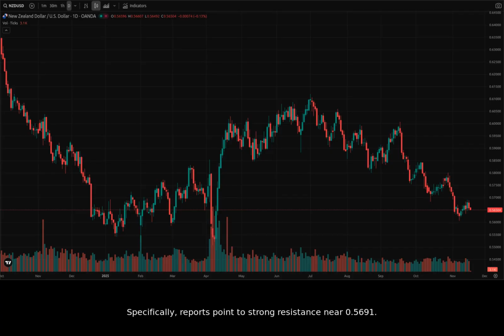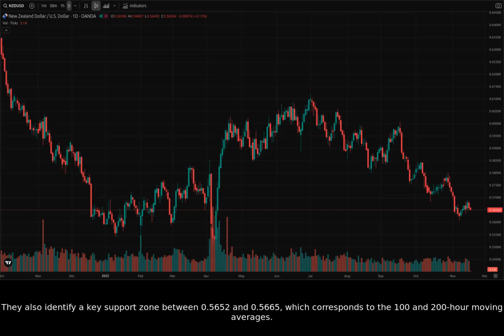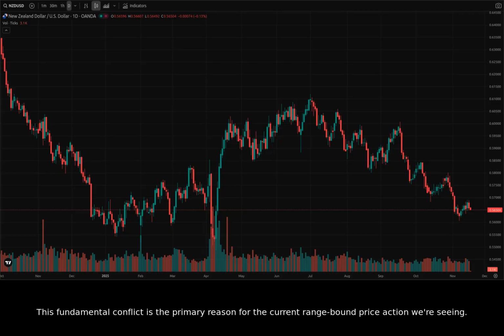Specifically, reports point to strong resistance near 0.5691. They also identify a key support zone between 0.5652 and 0.5665, which corresponds to the 100 and 200-hour moving averages. This fundamental conflict is the primary reason for the current range-bound price action we're seeing.